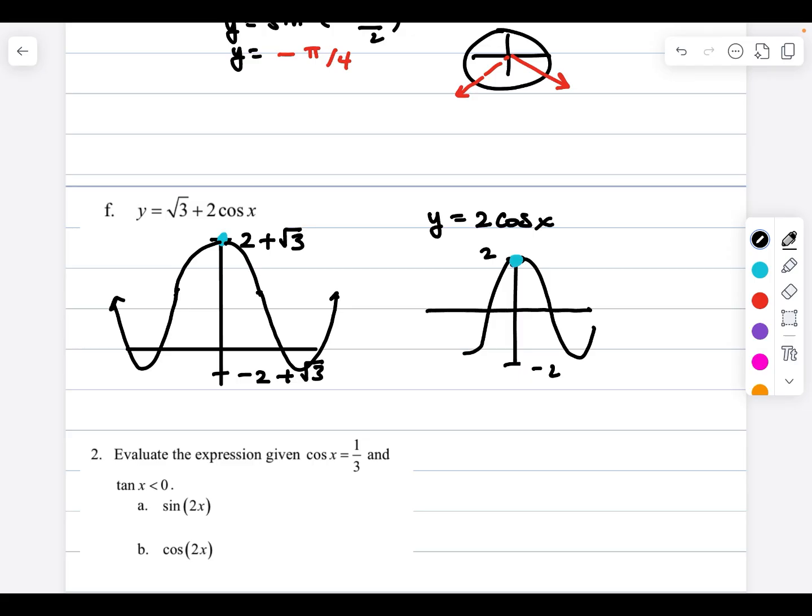Okay, this graph is symmetric to the y-axis. All right, now we're going to find these intercepts.